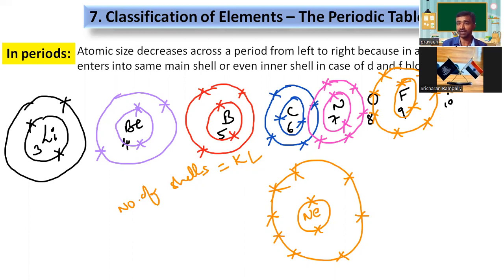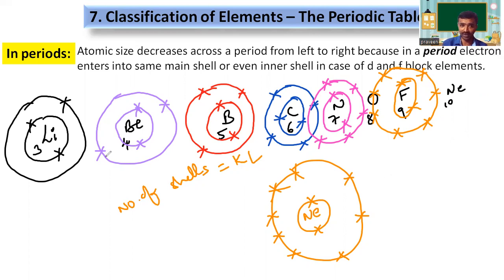Then what happened? If you observe carefully, 3, 4, 5, 6, 7, 8, 9, and 10, the proton count is changed, increased. The proton count increases from left to right within the same period.